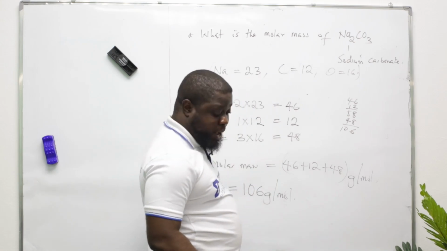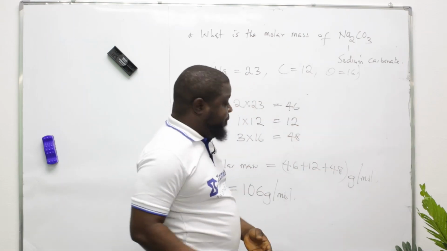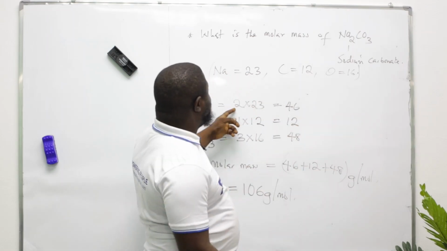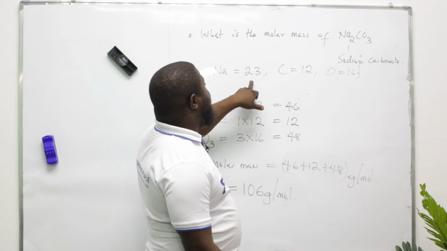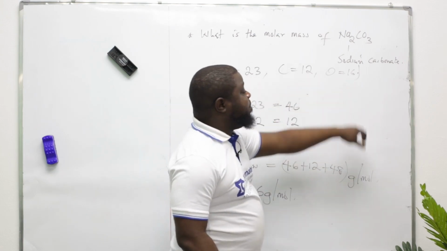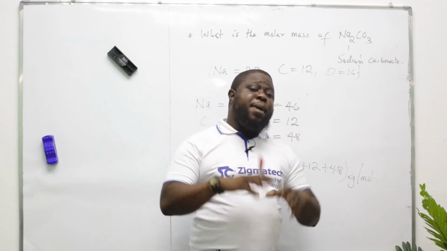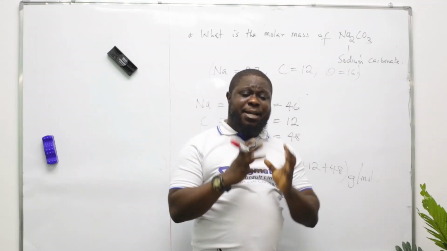I guess you are following. Like I said, we use 2 times 23 here. The mass number of sodium is 23, carbon is 12, and oxygen is 16. In these calculations, we do not use the atomic number. What we use are the mass numbers.